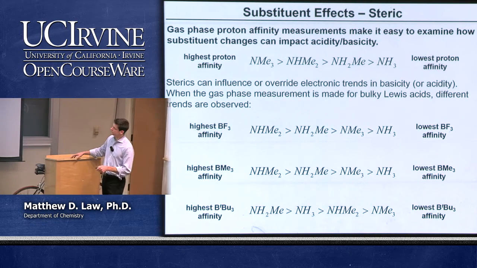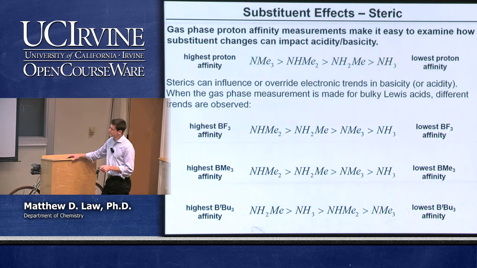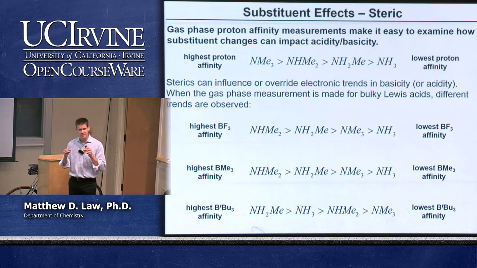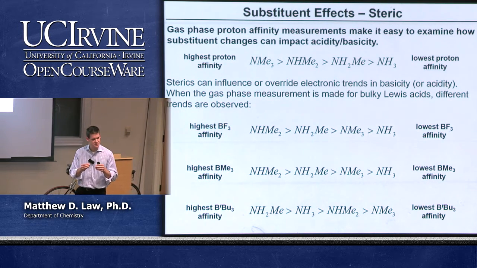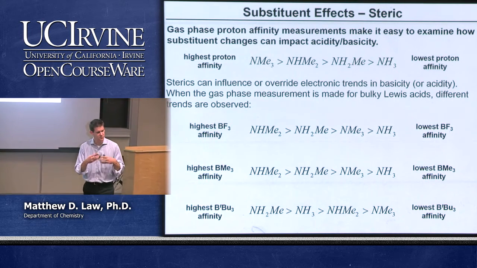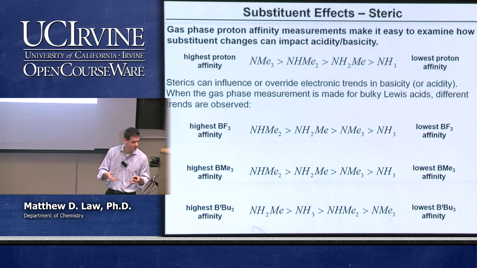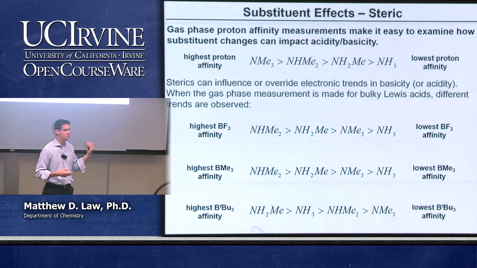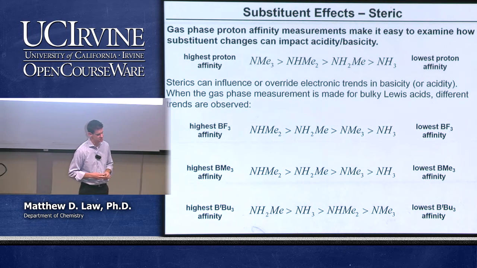The nice thing about making these sorts of comparisons with sterics is that you can change the sterics; it's quite tunable. You can compare with a number of different Lewis acids and see what the tipping point is for these different orders to change. So we have the Lewis acid a little bit bigger, then a little bit bigger, then a little bit bigger, and we can finely tune the reactivity of the base using this approach.